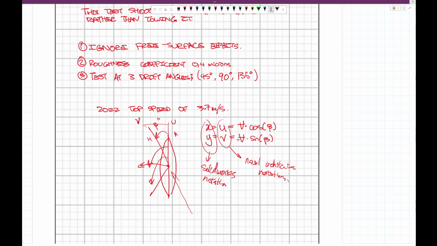Because the water is always shooting from the right to the left, it's always going to be negative. That gives us some type of force that's going to push us this way to oppose that water.